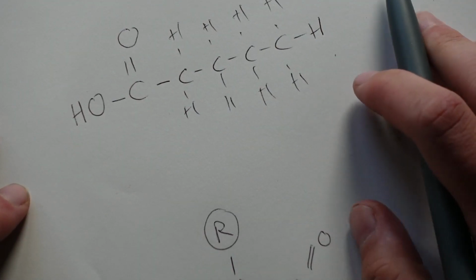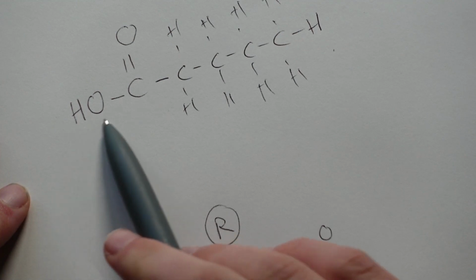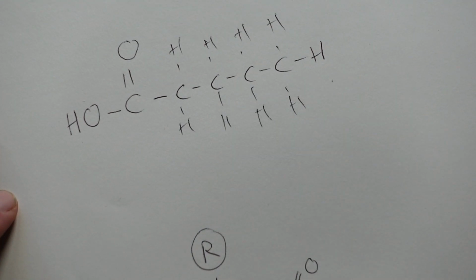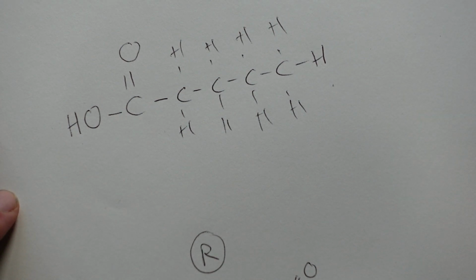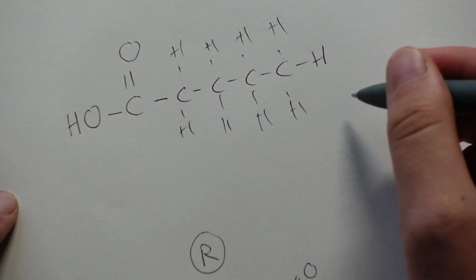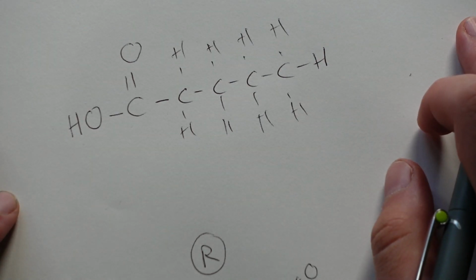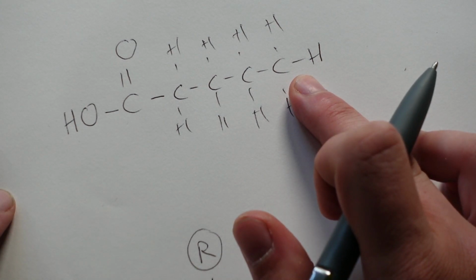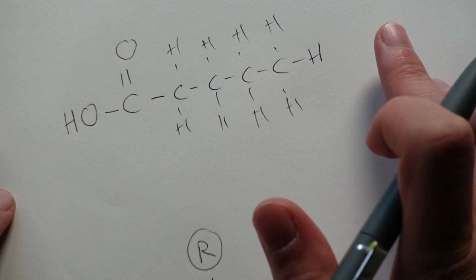Saturated means that there are no double bonds. As you can see in this chain, there are no double bonds. Usually solid at room temperature. Unsaturated means that there's a double bond somewhere, and it usually makes the molecule bend. Monounsaturated means there's only one double bond, and polyunsaturated has multiple double bonds.